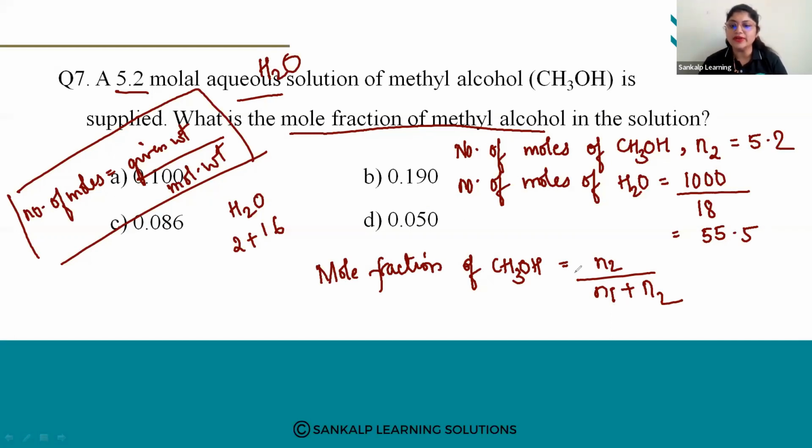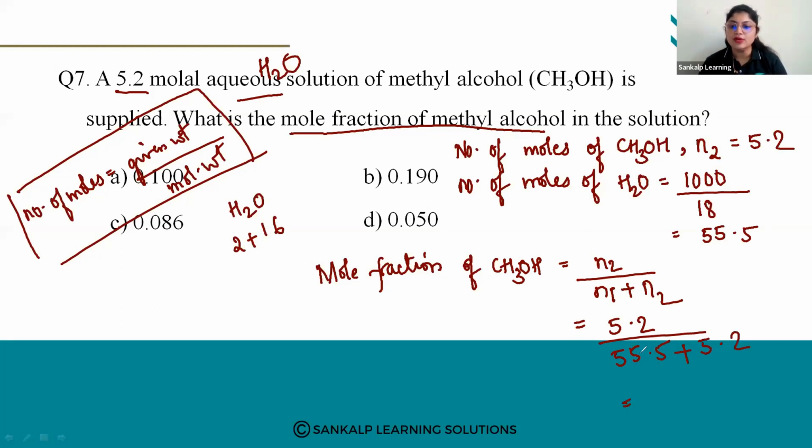What is the value of N2? It is 5.2, divided by N1, which is 55.5, plus N2, which will be 5.2.